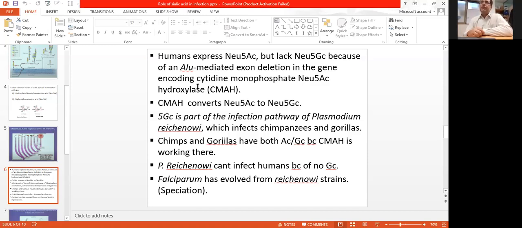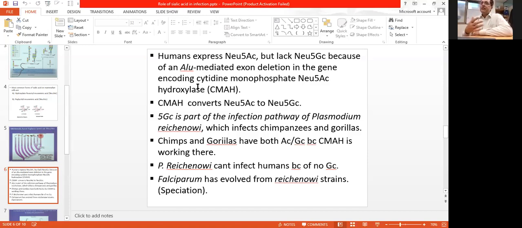It means that Neu5Ac is formed in chimps and then it is converted into Neu5Gc with the help of CMAH. And they would have both the Ac and Gc forms of this particular sialic acid. But human beings don't have the Gc form because they don't have this enzyme.